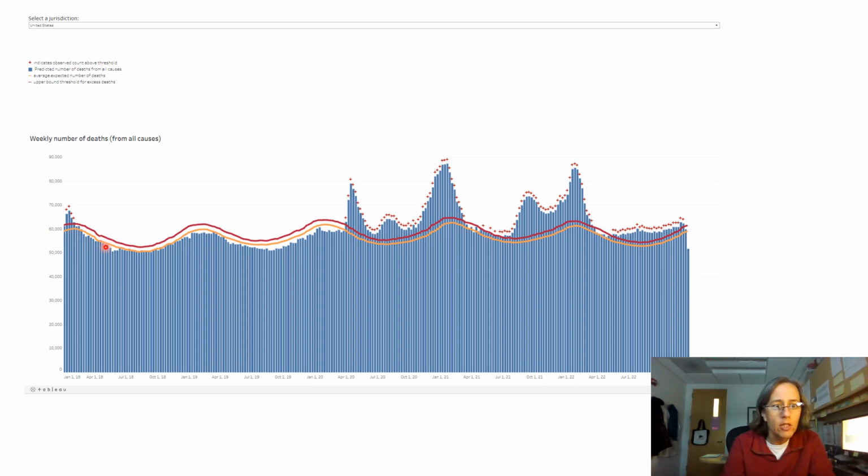This orange line here is the average number of expected weekly deaths in the country. Now this is based on our population rate and historical data. They use that to predict and model how many deaths we would expect to have. Now you might be like, why do they go up and come down and go up and come down? The reason is influenza.